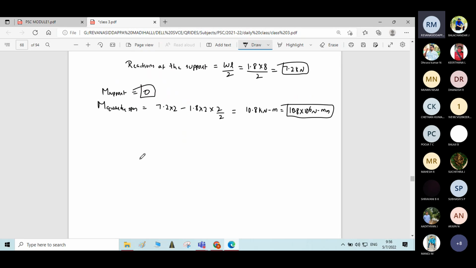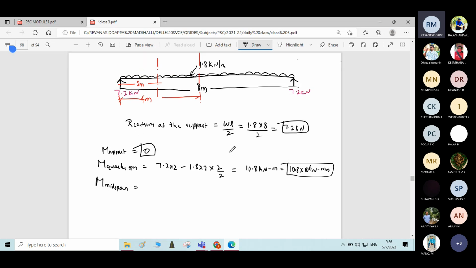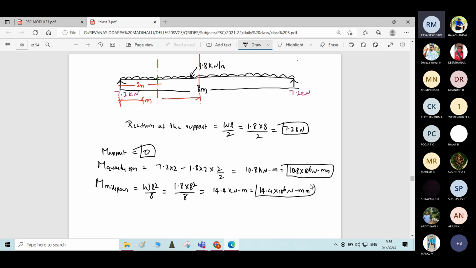Then the moment at midspan. At midspan, either you can use the WL square by 8 formula, or by using the reaction at the support you can calculate the moment. Let me use the WL square by 8 formula. 1.8 into 8 square divided by 8. The answer is 14.4 kilonewton meter, or 14.4 into 10 power 6 Newton millimeter.